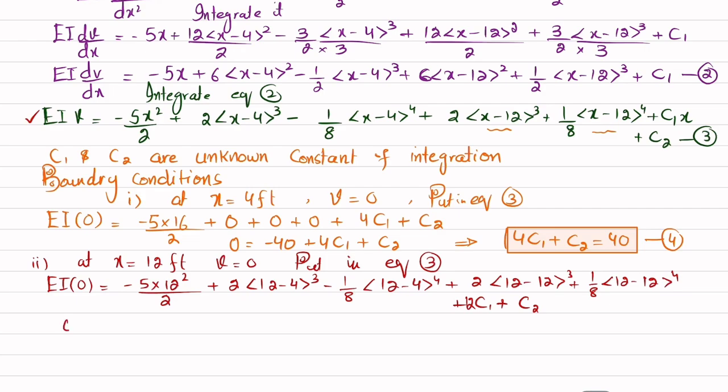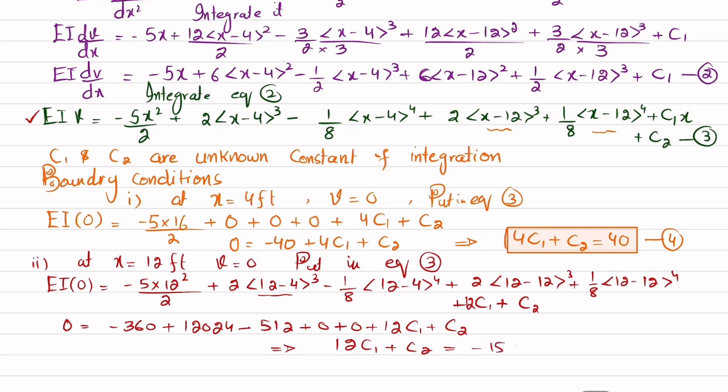So this will be equal to 0 and we will get minus 360 plus 1024 from this term, minus 512, plus 0 plus 0, plus 12C1 plus C2. So from here you will get 12C1 plus C2 will be equal to minus 152. This is your equation number 5.